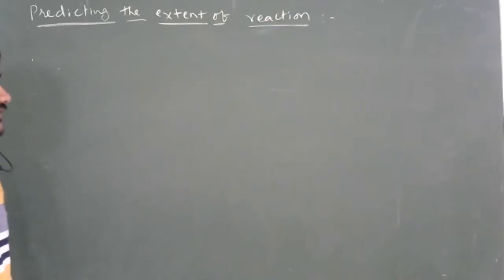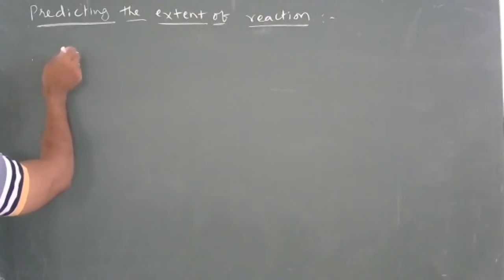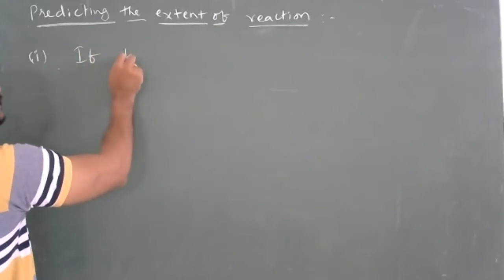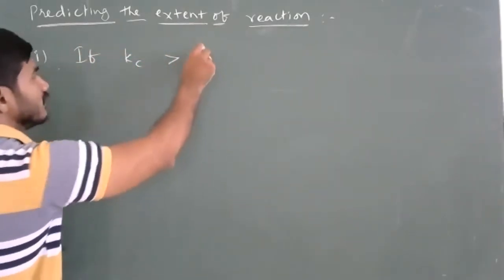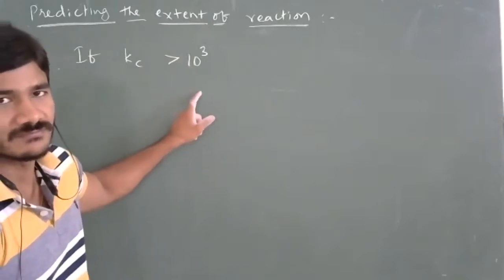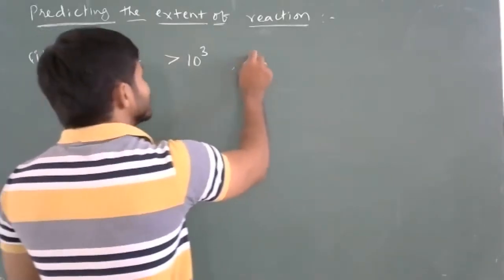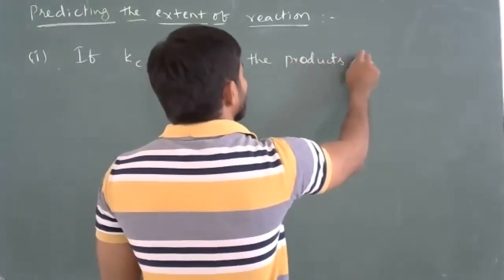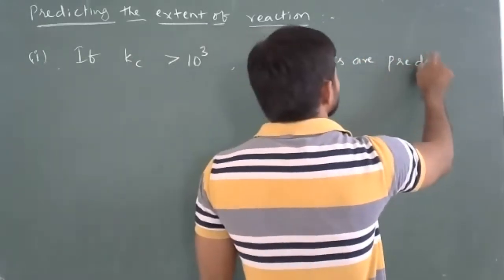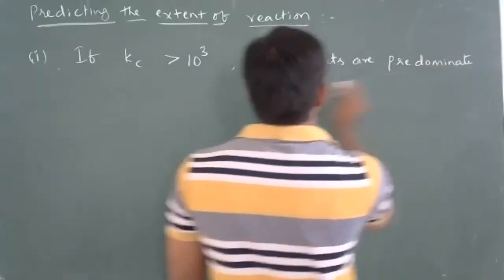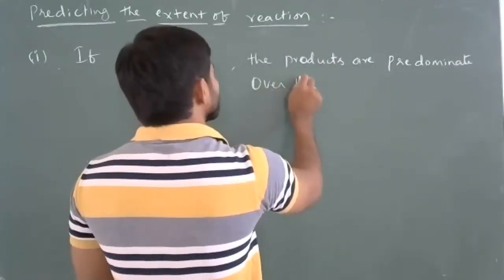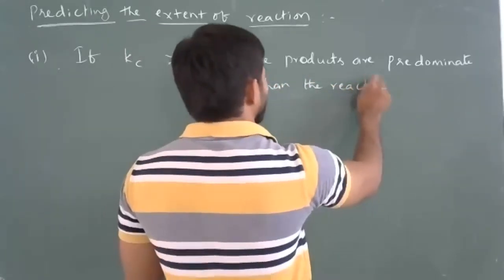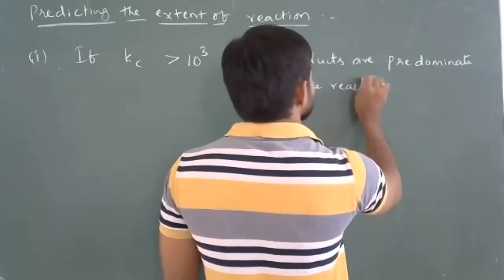Here I'll take an exact number. If Kc value is greater than 10 cube, more than 1000, in that case the products are predominant over the reactants.